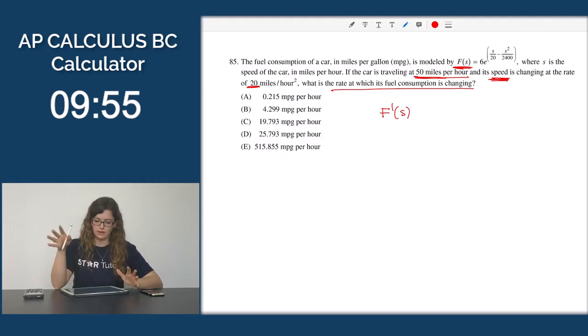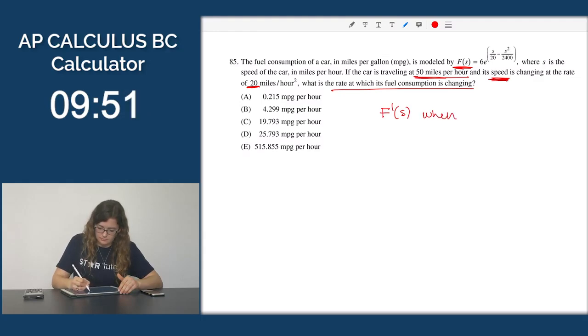So I want F prime of s when the car is traveling 50 miles per hour, so the speed s is 50 miles per hour, and the speed is changing.